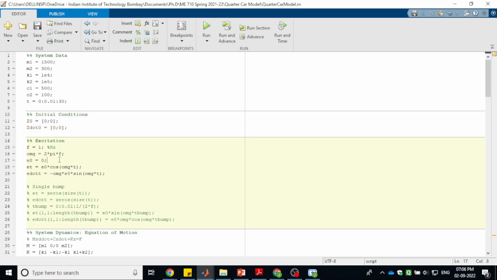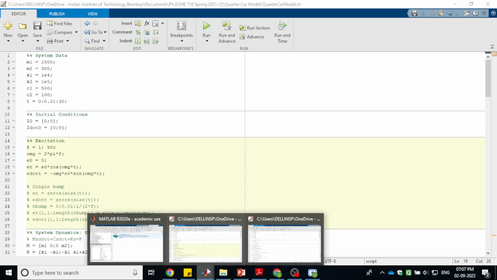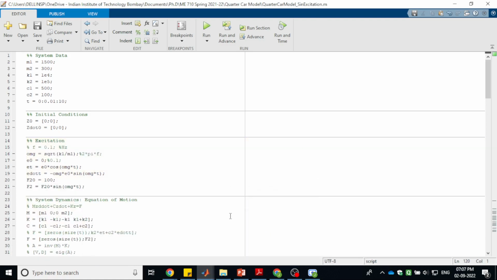In this example which I have shown, I have kept the forcing part to be 0, and we have seen the response to an impulse. If we want to see forced vibration, we can either apply sinusoidal displacement, or we can apply, let us say, some sinusoidal force.